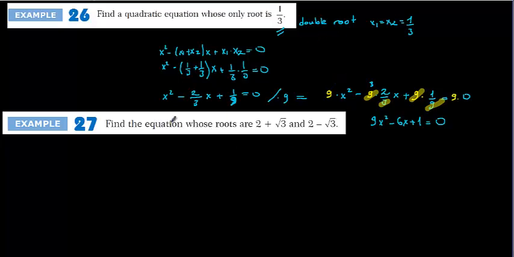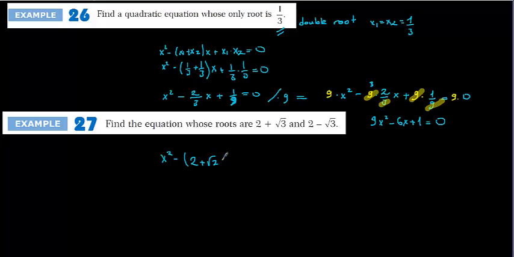Okay. Find the equation whose roots are 2 plus root 3 and 2 minus root 3. These are conjugate numbers. You remember this term. And the roots are x1 and x2. I have written the formula here, that's why I'm not going to write it one more time.